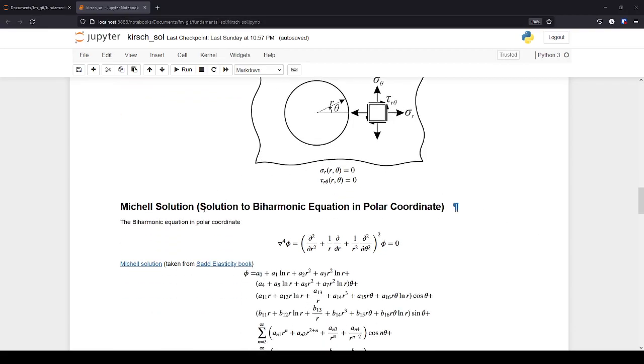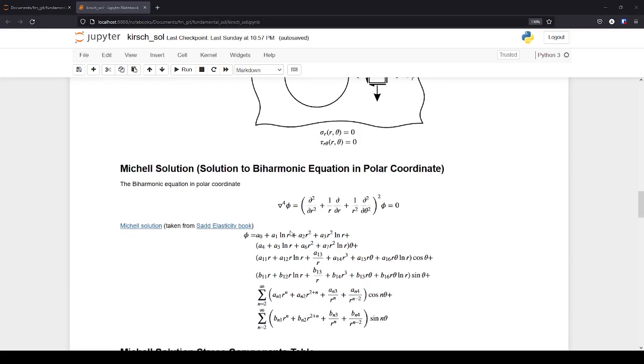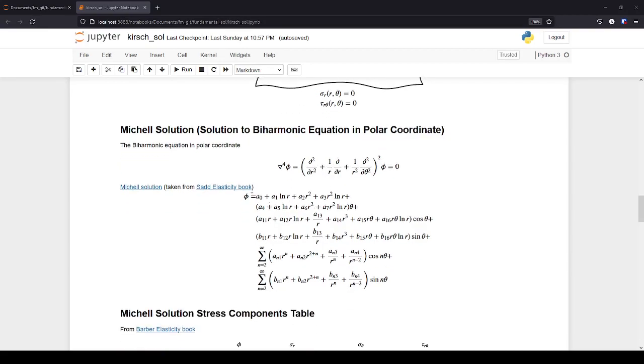Next, we have the Michell solution to the biharmonic equation in polar coordinates, because we're going to solve this biharmonic equation, and we also need our selected phi, or Airy stress function, to satisfy this biharmonic equation as well as our boundary conditions, of course. This solution to the biharmonic equation was first given by Michell and evolved through the years into this form.